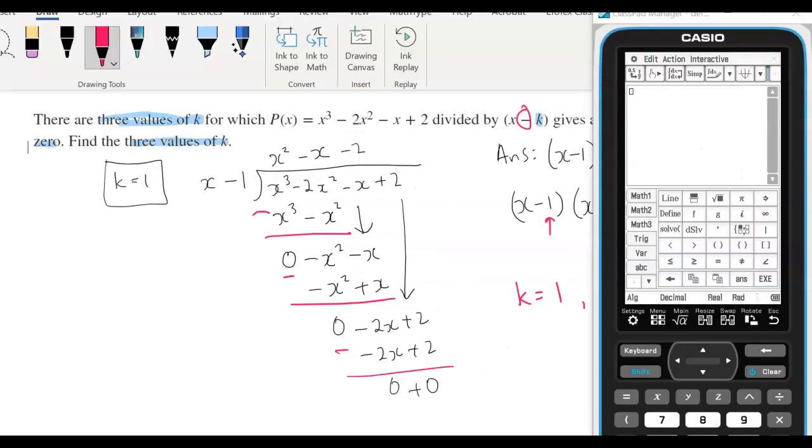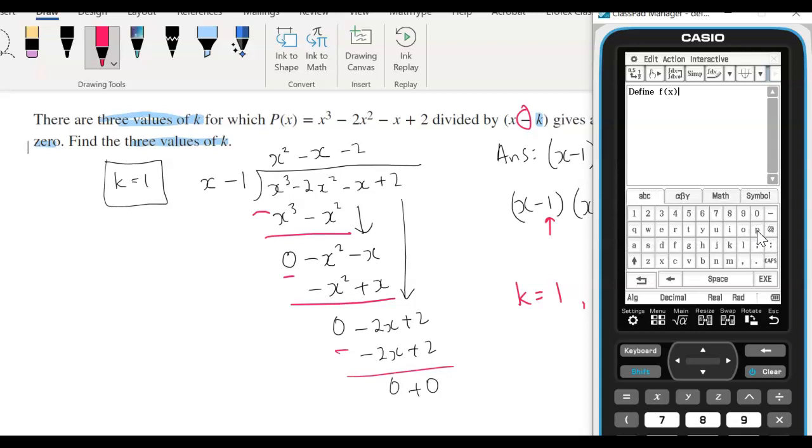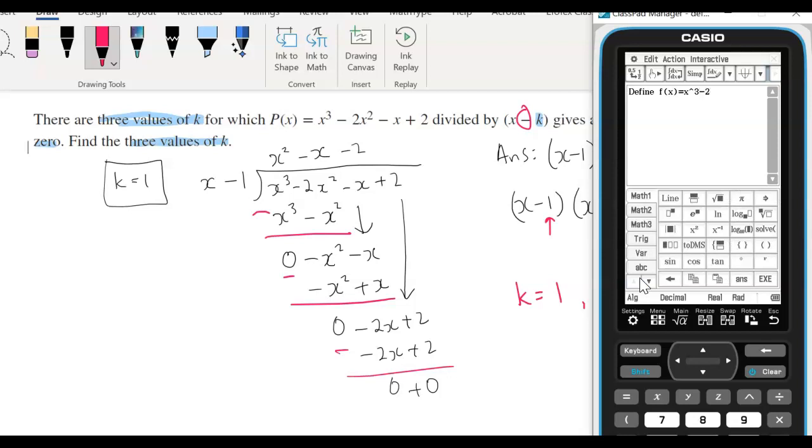All right, so I just had to make the screen a bit bigger. I don't know what happens on my video when I do that. Okay, so this is where define comes in helpful. Now, it's p of x here. You can call it f of x. If you feel like you're going to get confused with your letters, just go to A, B, C, and then find P, and you can use P there, but I'm not going to use P, so I'm just going to use f of x equals x cubed minus 2x squared minus x plus 2.